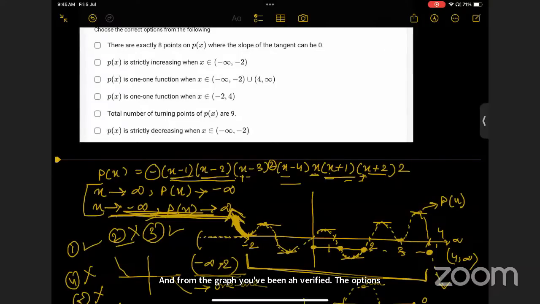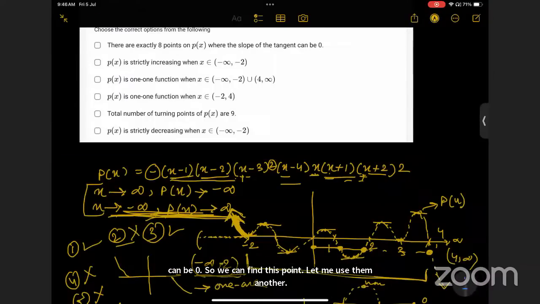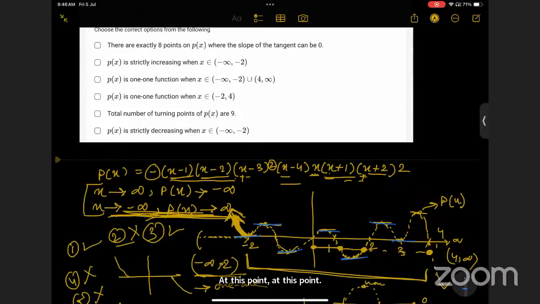The first option is there are exactly 8 points on P where the slope of the tangent can be 0. So we can find this point. Let me use another color. So there are total 8 points, right? At these points, the slope of the tangent will be 0. The first option is correct.